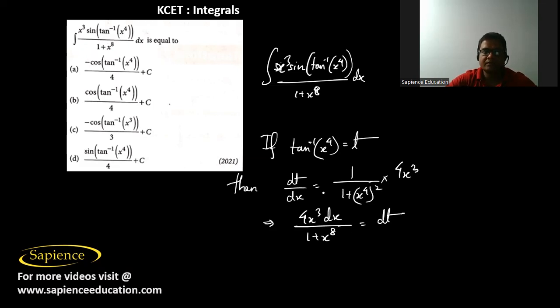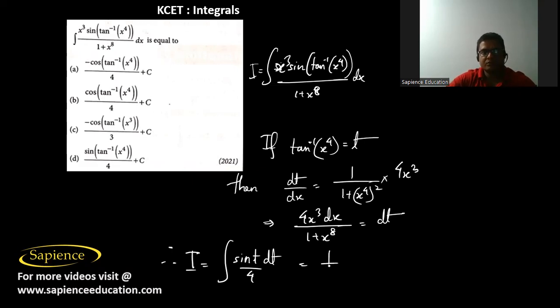So it means that x cube dx by 1 plus x power 8, I can write it as dt by 4. Therefore the given integral I can be written as integral sine t dt by 4.